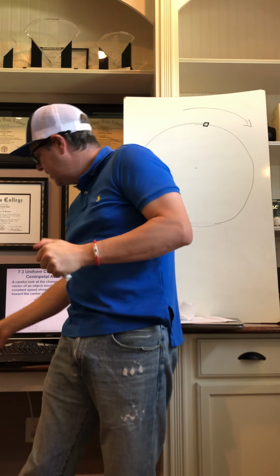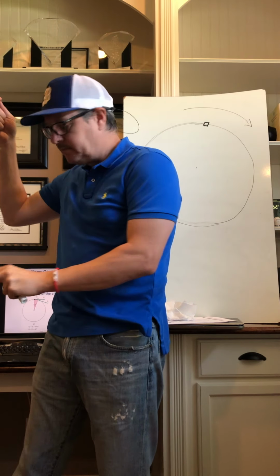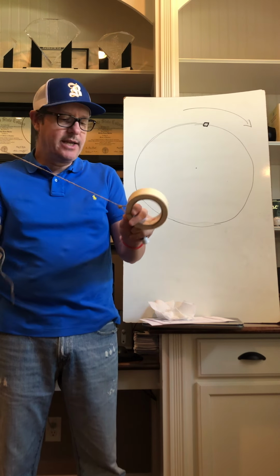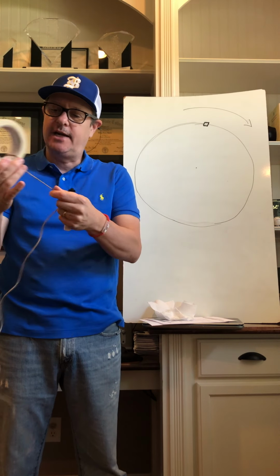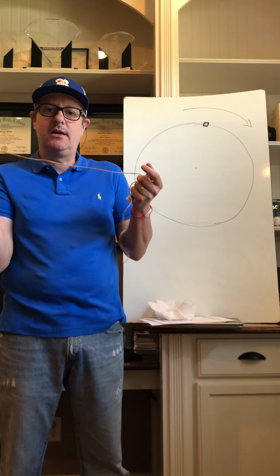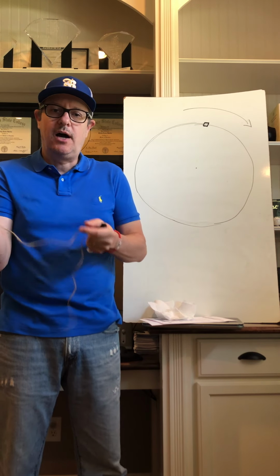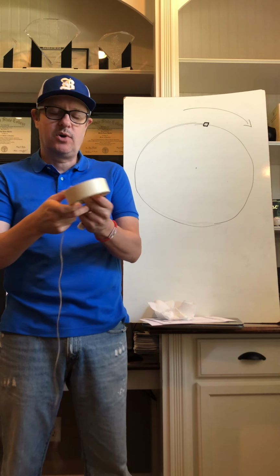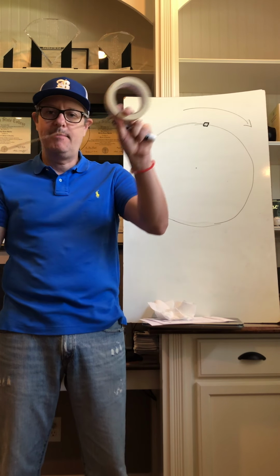I made an example right quick, pretty lame example. I just took some string we had laying in a drawer and I tied it onto a roll of tape. I thought about a yo-yo. I thought Brett might have had a yo-yo laying around in one of his closets where toys are, but I couldn't find one, so I made something simple.